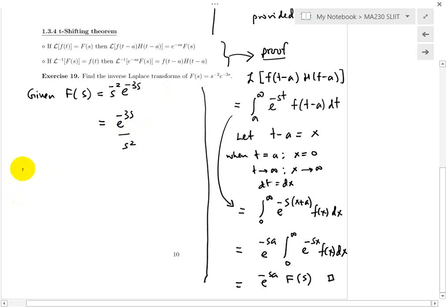From the table you can see, I think you may remember by now, if you take the Laplace transform of t, you get the answer to be 1 over s squared. So in other words, the inverse Laplace transform of 1 over s squared is t. Okay.